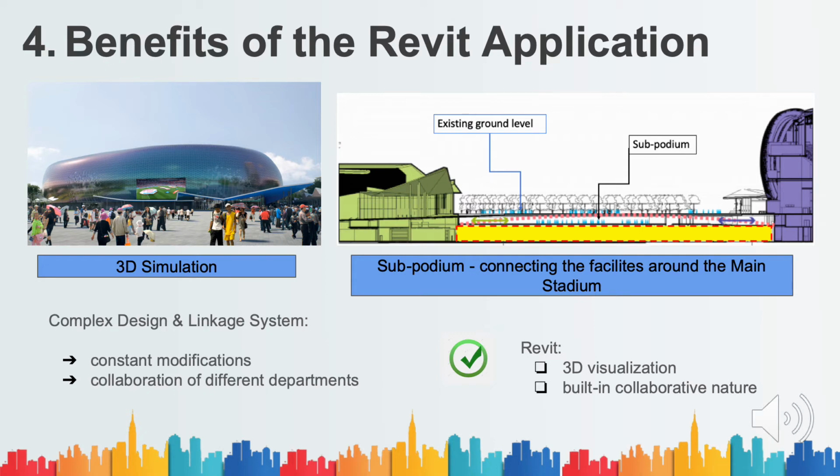The complex design and drainage system imply the consistent modification and collaboration of different departments. However, satisfactory performance in dealing with such problems may be obtained by using Revit due to its 3D visualization and built-in collaborative nature.